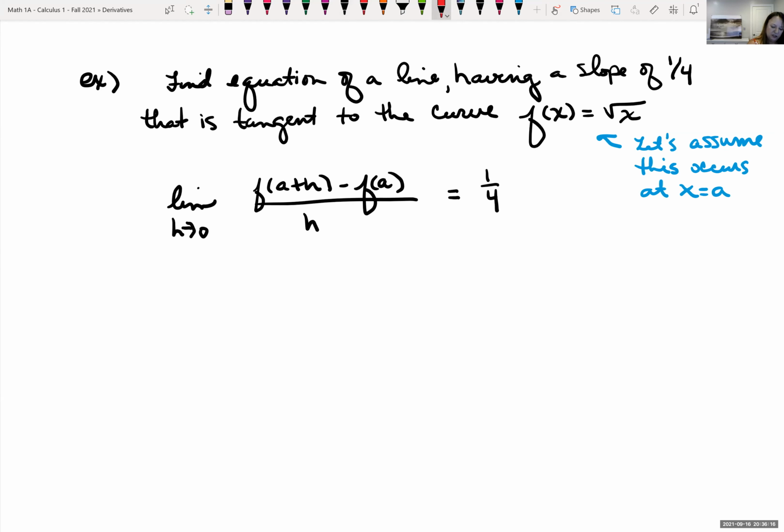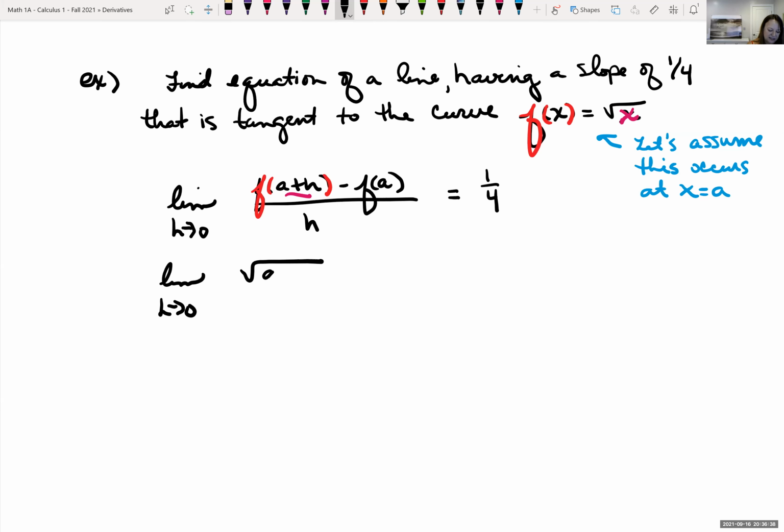So we need to go into our function f of x. And we need to plug in a plus h wherever we see an x. And so I'm going to bring down my limit as h goes to 0. F of a plus h, that's a square root.